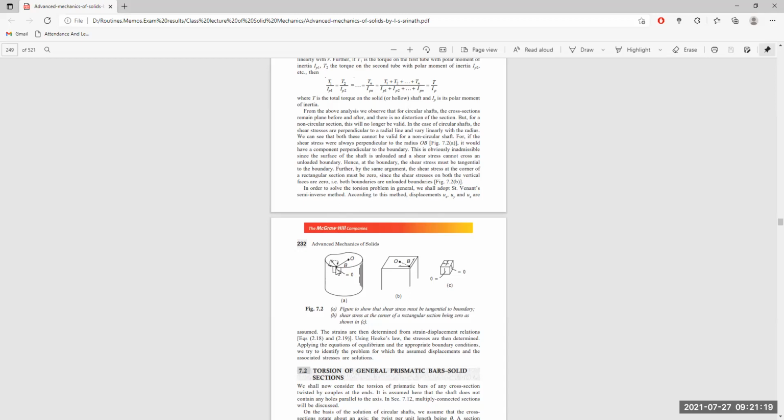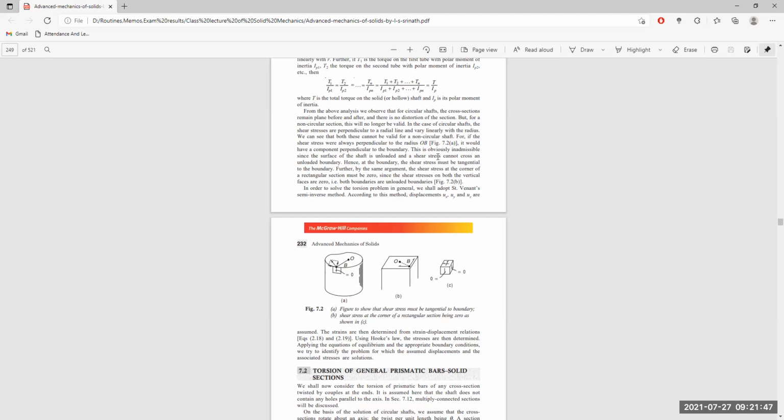There should not be any component normal to the boundary. The shear stress always acts tangential to the boundary itself, and there should not be any normal component here.